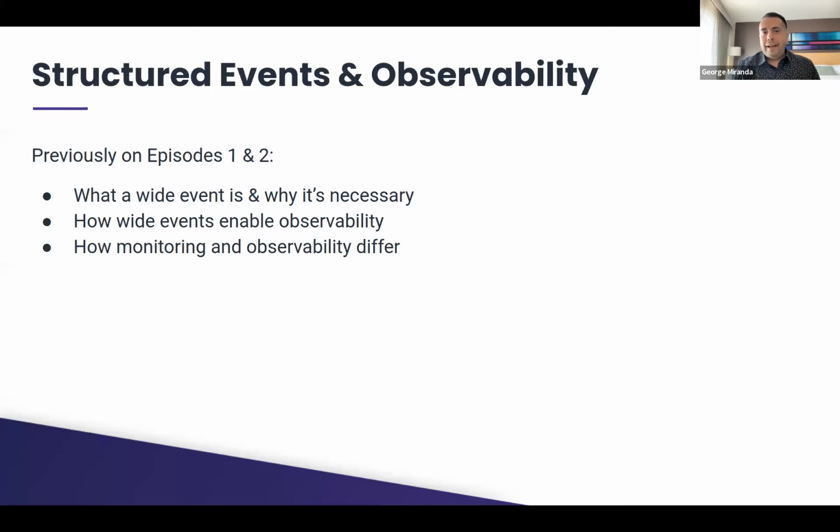And so a structured event is basically a record of what happened for a unit of work in your system, typically at the per request, per user level. More or less a log or a distributed trace of everything that happened in order to complete one action.